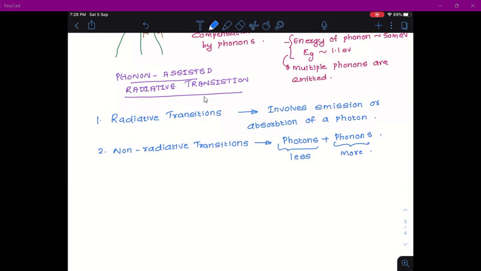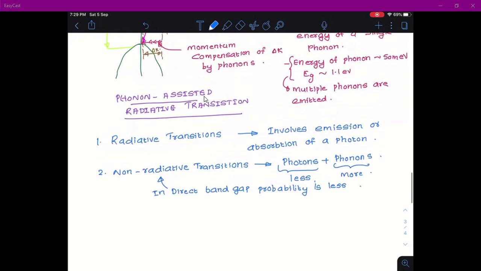Okay, and the probability of non-radiative transitions in a direct band gap is less. It is very unlikely, there is very little chance that in a direct band gap there is a non-radiative transition.